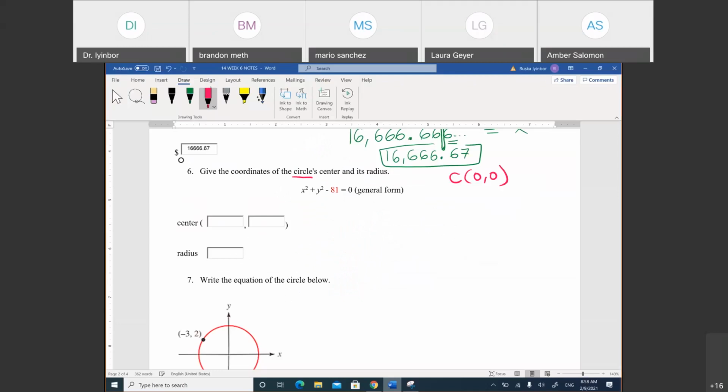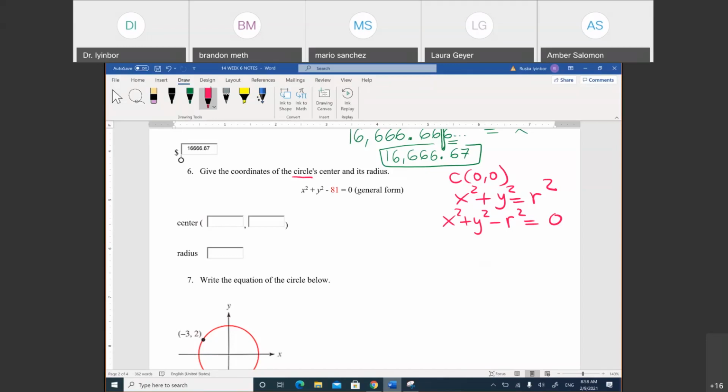The equation is x squared plus y squared equals r squared. Okay, this is standard form, and the general form is going to be x squared plus y squared minus r squared equals 0. This is just a different form. So this is general form. That's what you have here, general form.